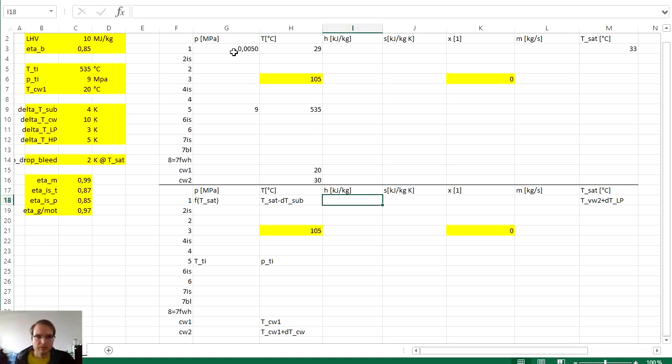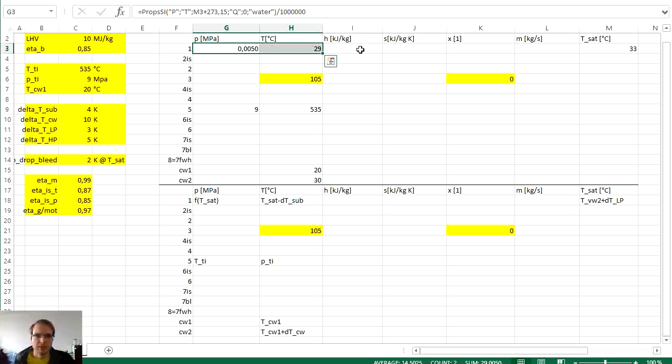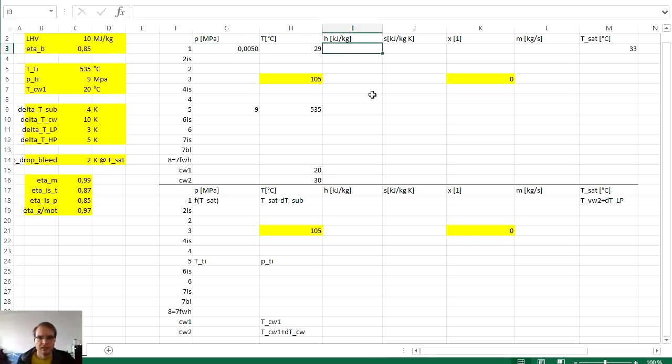And from this point at point number 1, we have two thermodynamic parameters, pressure and temperature. The fluid is not at the saturation level, so we can get all the other thermodynamic parameters as a function of these two. So enthalpy will be a function of pressure and temperature, and similarly it will be with the entropy.